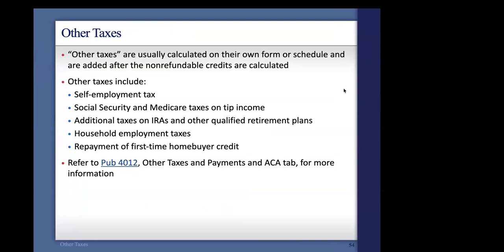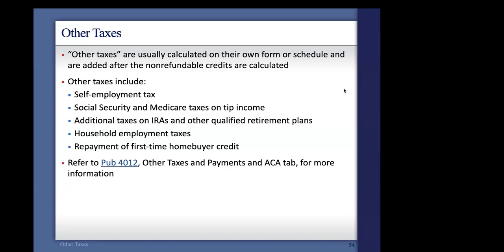And the first-time home buyer credit is not something that you will see this year. That form was stopped. That is listed in the important changes for 2025. But those forms have been made historical, and the form cannot be filed for 2025.